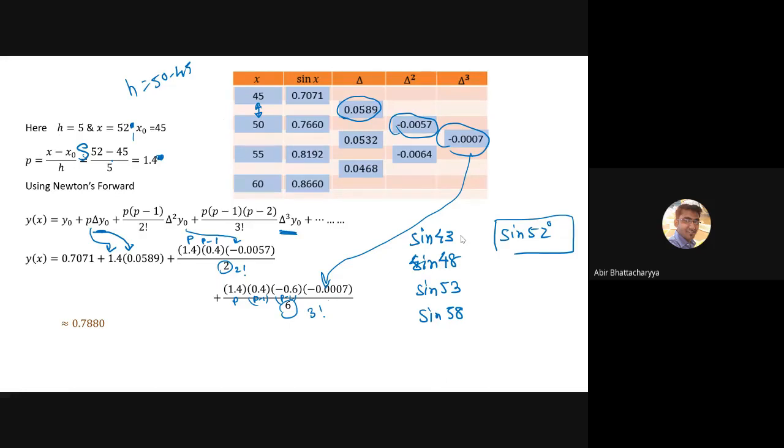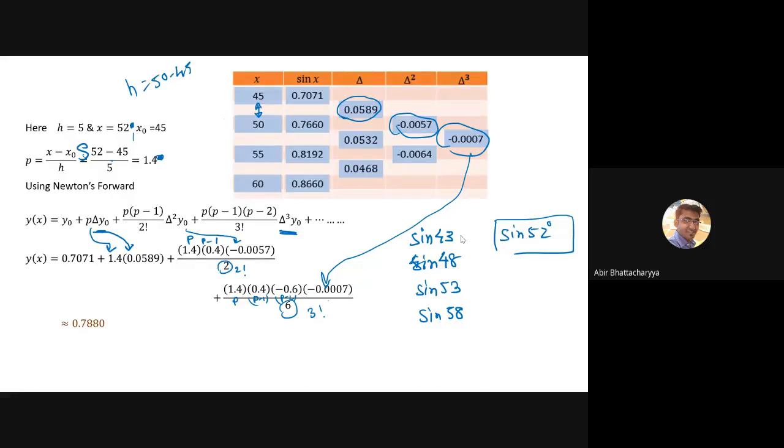Now my question is, which one is best? We'll get sine 52 by using this table, and we'll get sine 52 by using another table, another table meaning 43, 48, 53, 58. Which answer is going to be the best according to you?